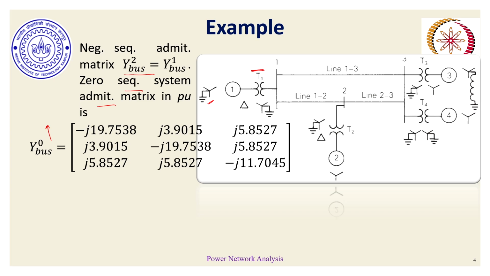And that is the reason you would see that again in the zero sequence admittance matrix, the off-diagonal terms don't add up and negate the diagonal entry, which otherwise would have been the case if we had only three lines whose shunt conductances and susceptances are not considered. So directly the positive, negative and zero sequence admittance matrices have been given.